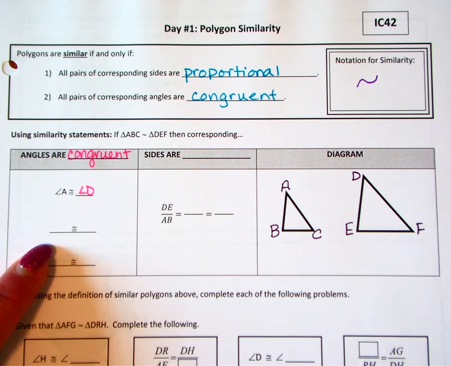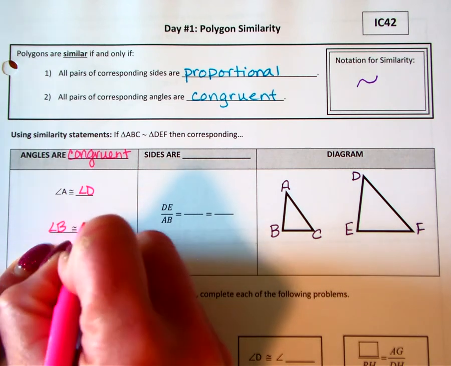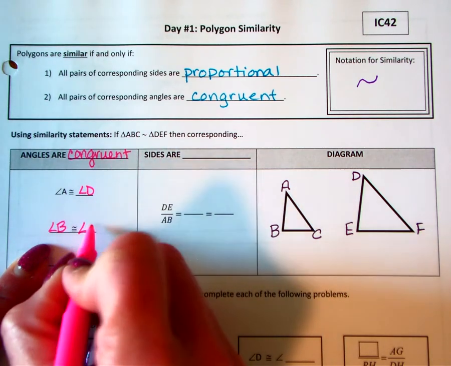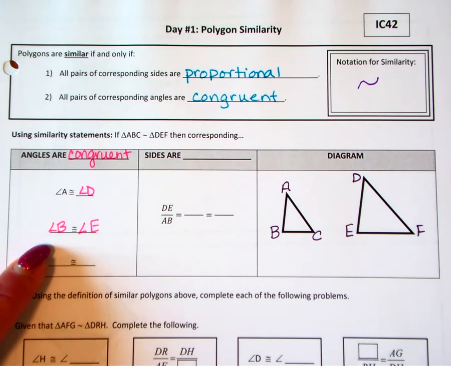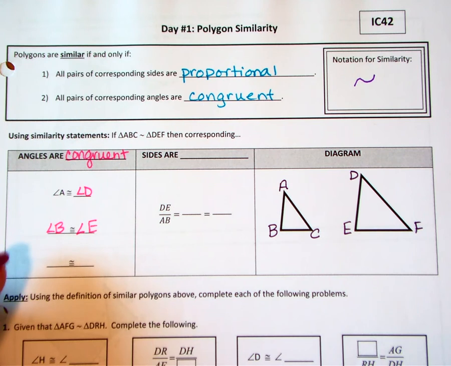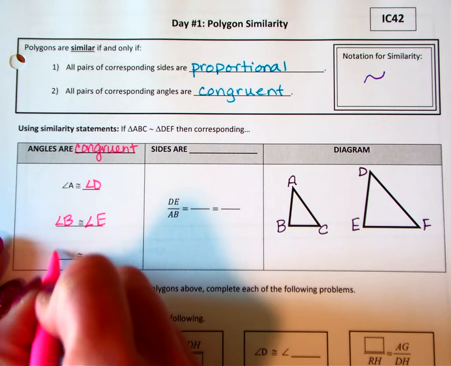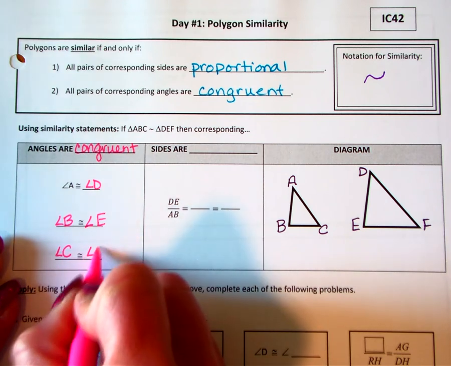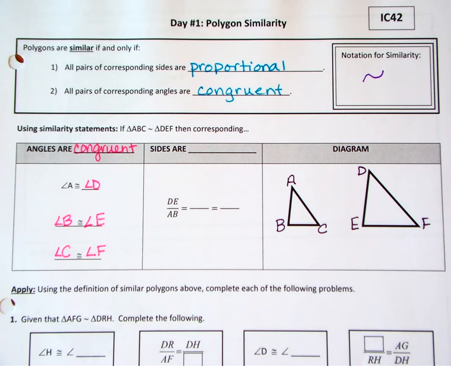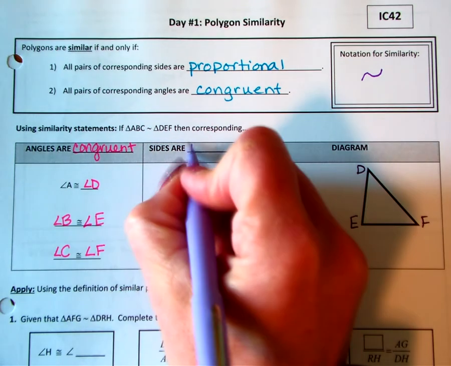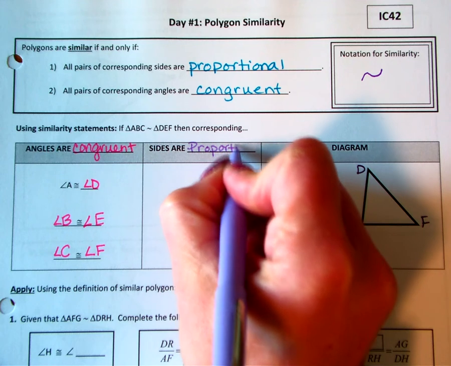Would be angle B would be congruent to angle E. Okay, and the last one would be that angle C is congruent to angle F. Okay, so they would be the same measurements. Okay, but sides are, what did we say? The sides are proportional. So not equal, but proportional.